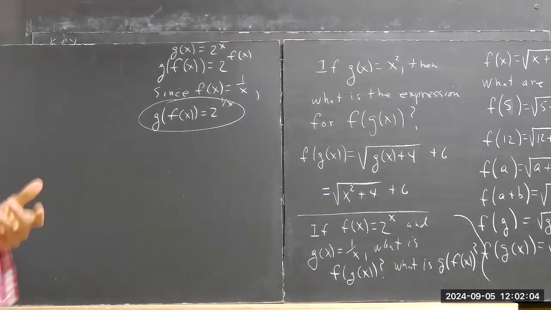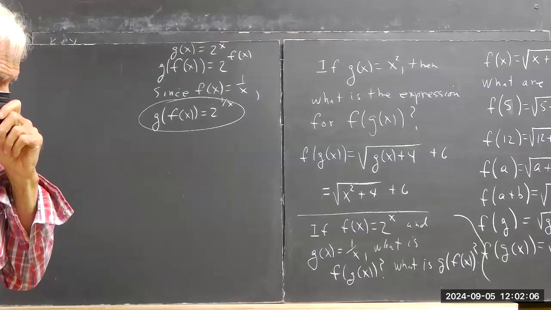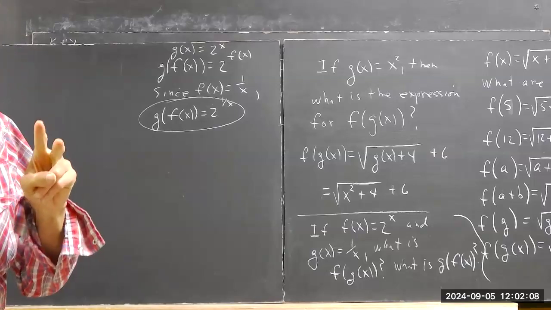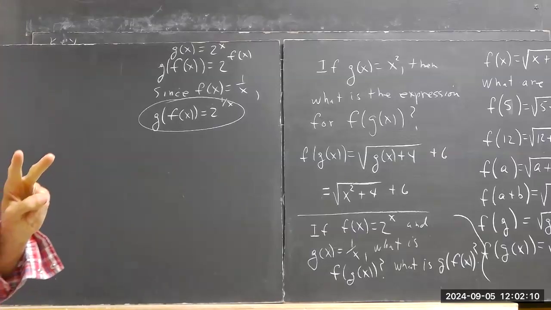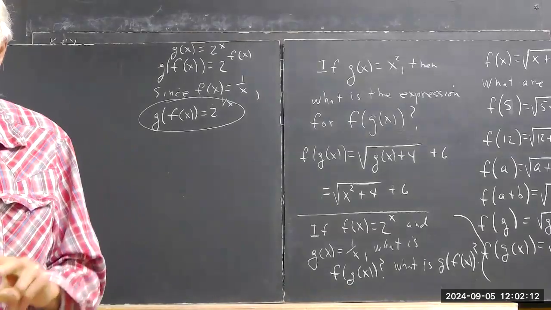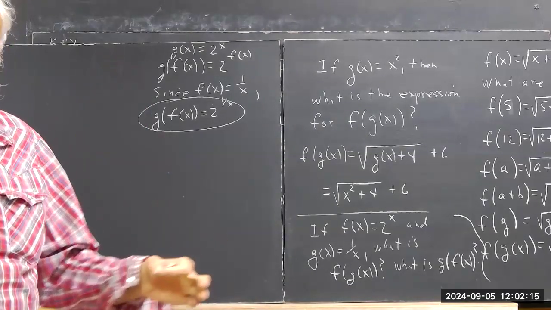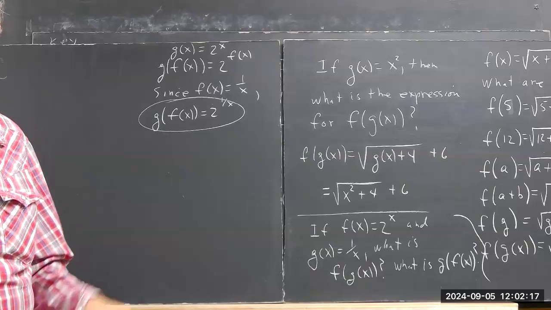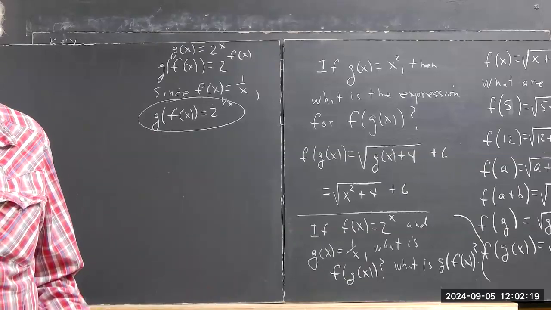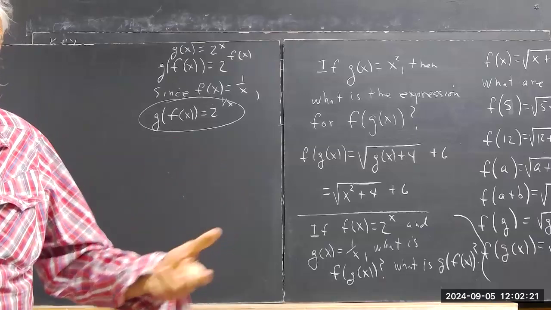In your homework, the two main cases where a domain is restricted is when you have a square root of a negative or when your denominator is 0, because you can't divide by 0.